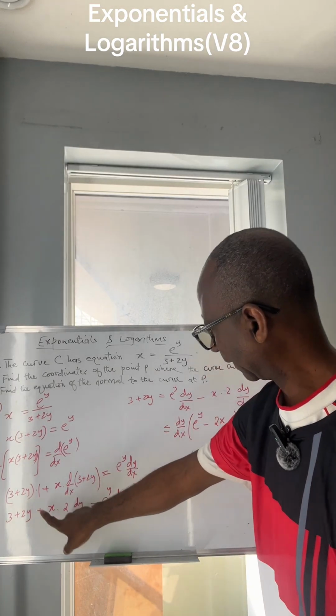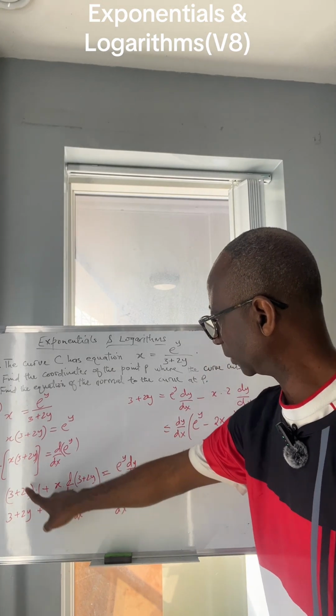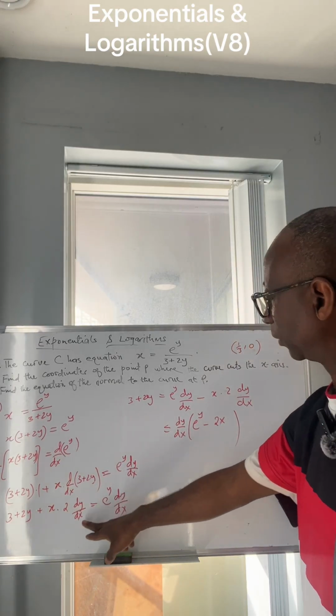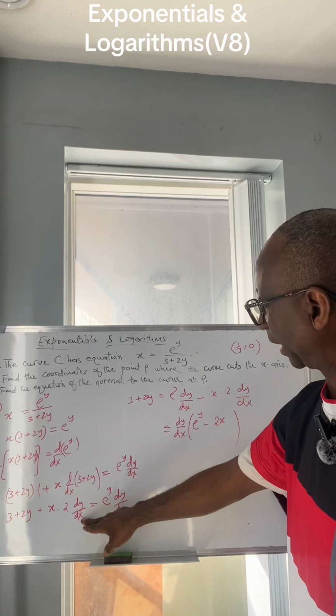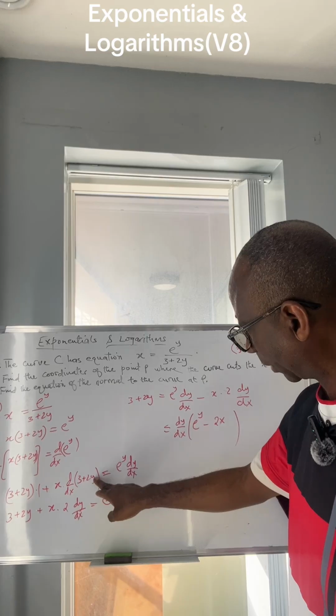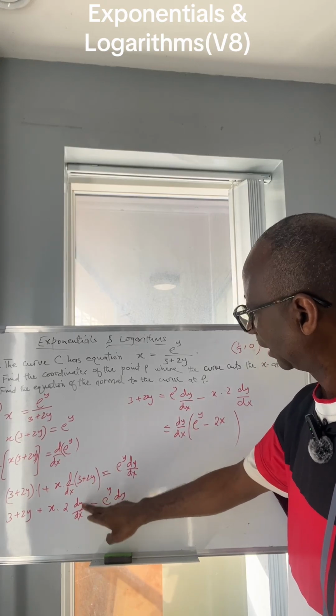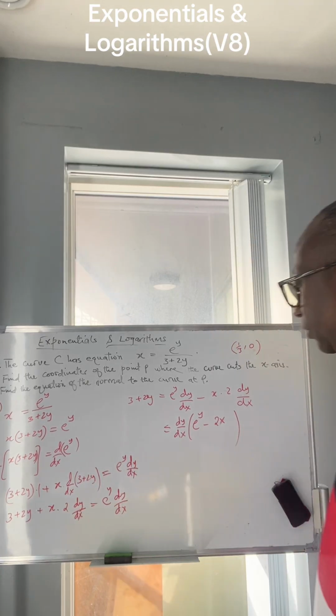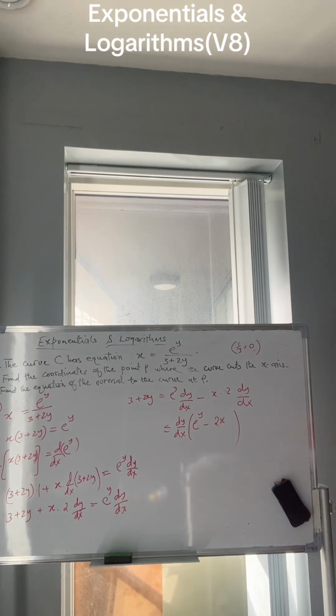Just like what we did here. We differentiated x, so it goes to 1. Here we can't differentiate y because we're differentiating with respect to x. So this y is this dy dx. And this 2 is still here. And the x is there. So the y goes. So this is what you get.